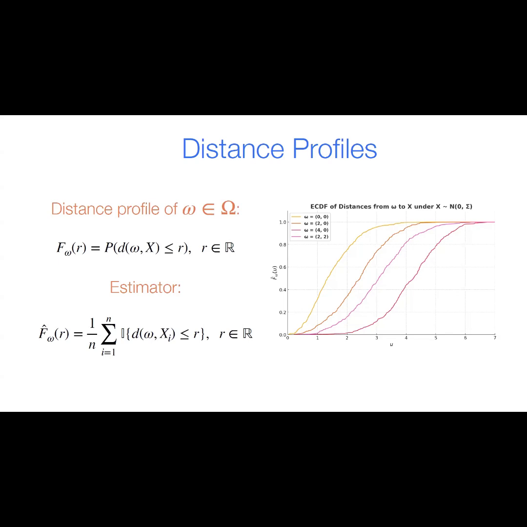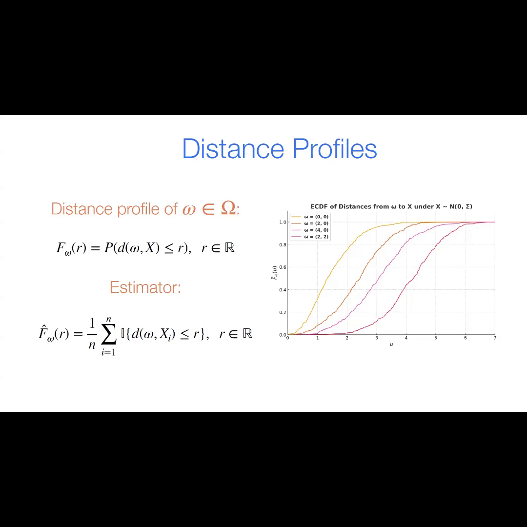Because imagine the bivariate normal distribution. If you're at the point (0, 0), that's when the distances are more frequently smaller than if you are somewhere out on the periphery of your data cloud. Then (2, 0) is here, (4, 0) is here, and (2, 2) is here.